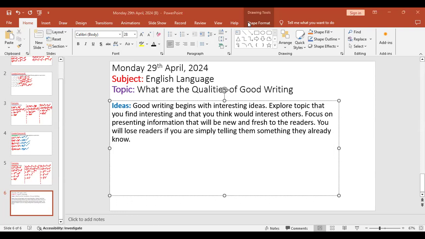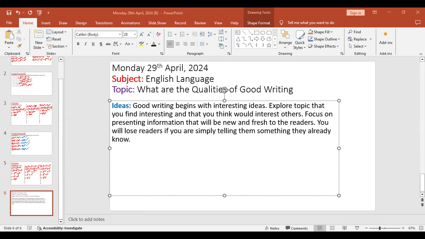So essays are built off of ideas. The ideas that you present must be sound, fresh, new, and relevant, or they must be presented in a way whereby it causes the reader to want to read more, right? That's the whole point of the essay. Essays are built from ideas.